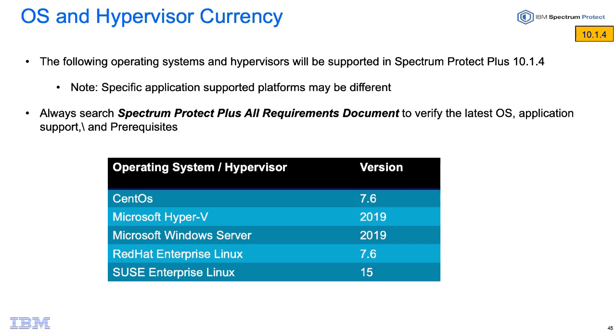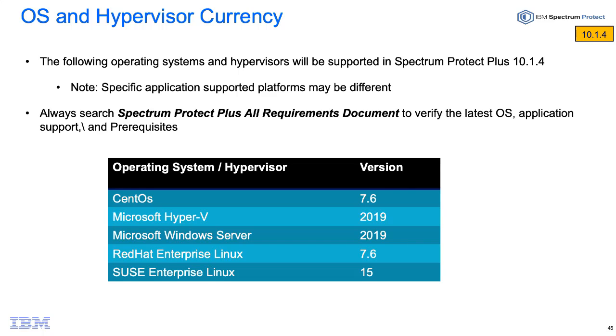Just a note on OS and hypervisor currency. We have added support for additional hypervisors and operating systems in Spectrum Protect Plus 10.1.4, including Microsoft Windows Server 2019 and the latest versions of CentOS, Red Hat, and SUSE.